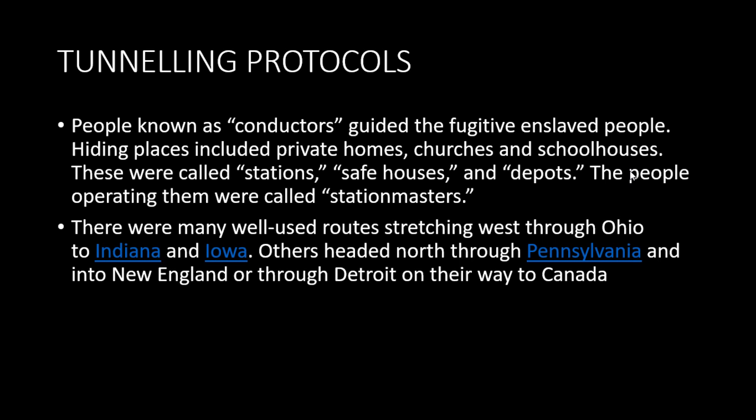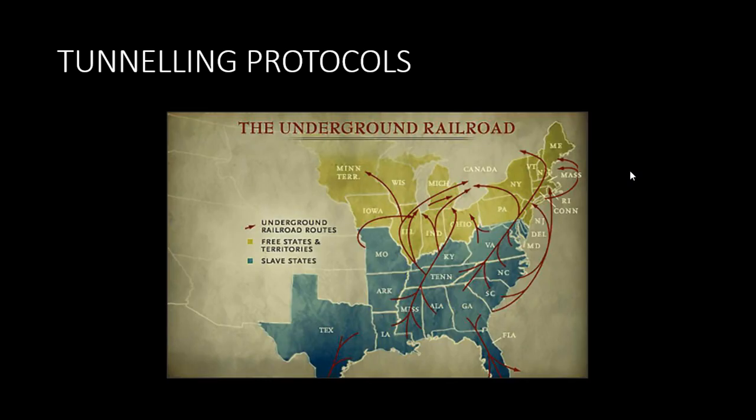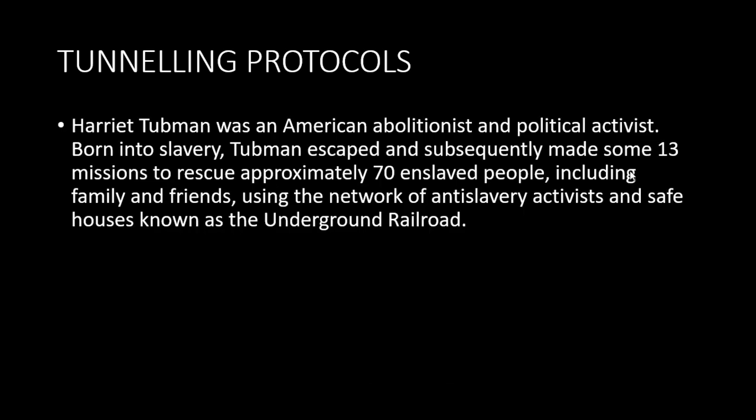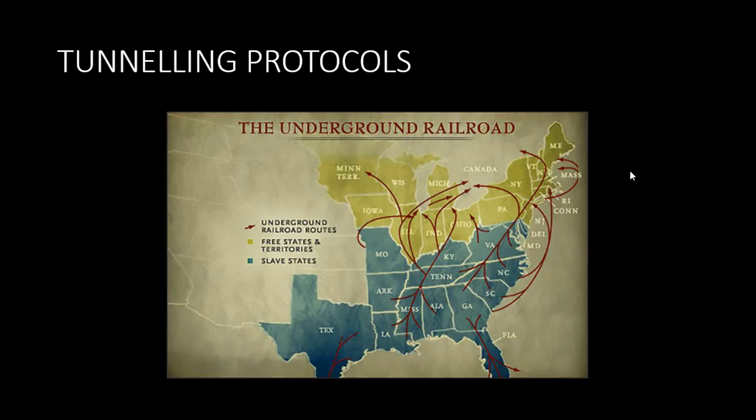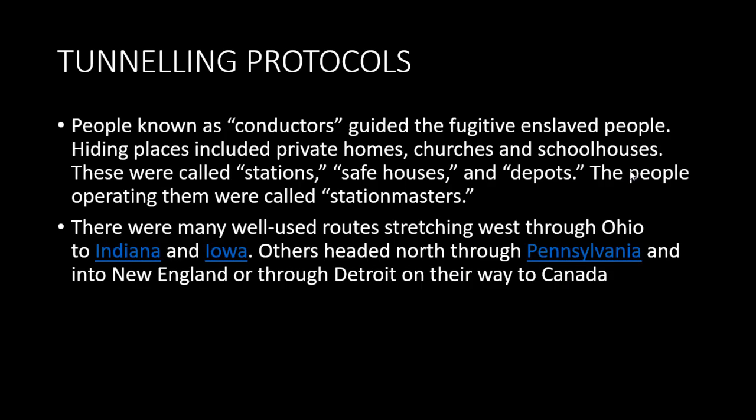And this is what made her such a successful abolitionist and activist. She understood networking before it was a thing. That's amazing. And so our networks now are trying to do the same thing, right?